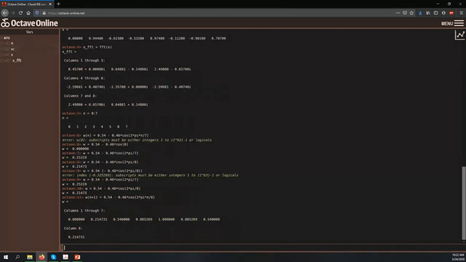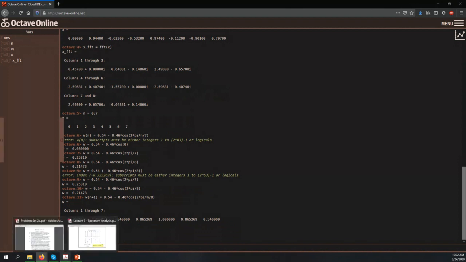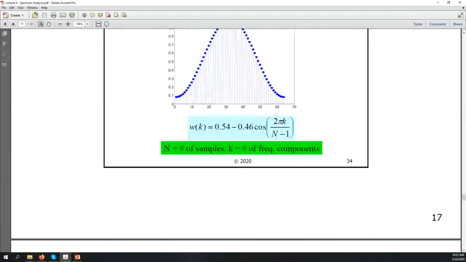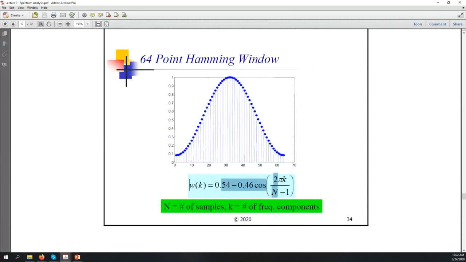There we go. So the equation that we tend to use here for the Hamming window is W of k equal to 0.54 minus 0.46 cosine of 2 pi k divided by n minus 1. Now, n is the number of samples that we're required to take, and k is the number of frequency components.